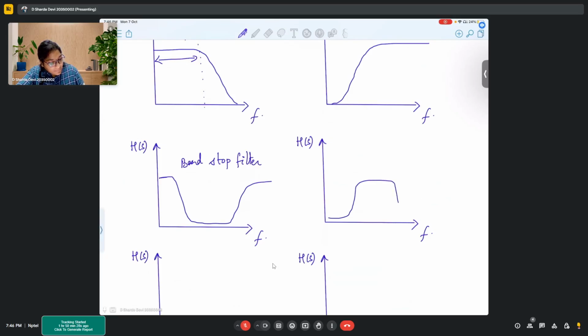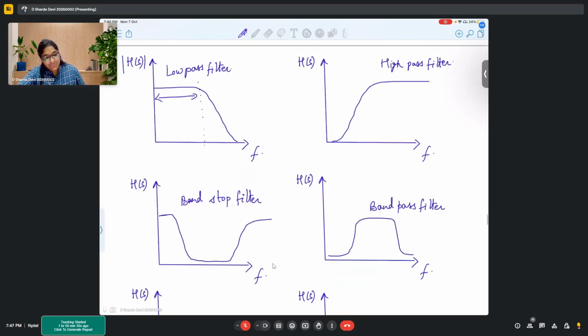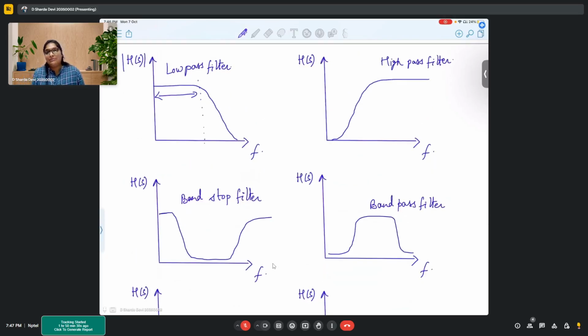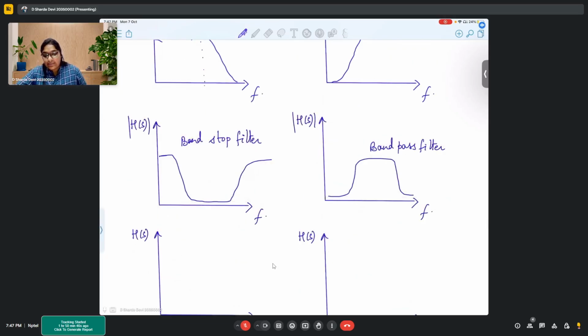If this type of behavior is observed, then it is a band pass filter. So you can see that all these transfer functions or Bode plots talk about the functionality of the circuit.